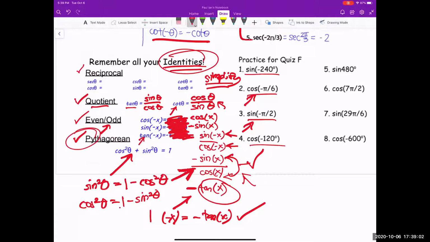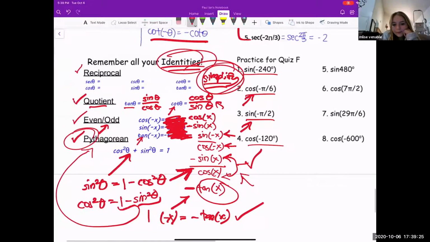When you're applying a trig identity, you have to manipulate your equations so that you can use an identity in order to apply it. That's the purpose of the identities, is for you to simplify.